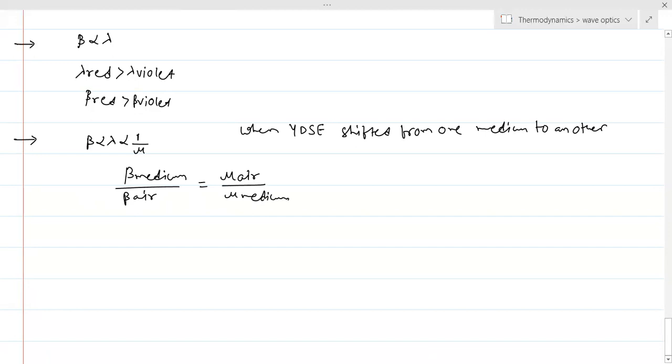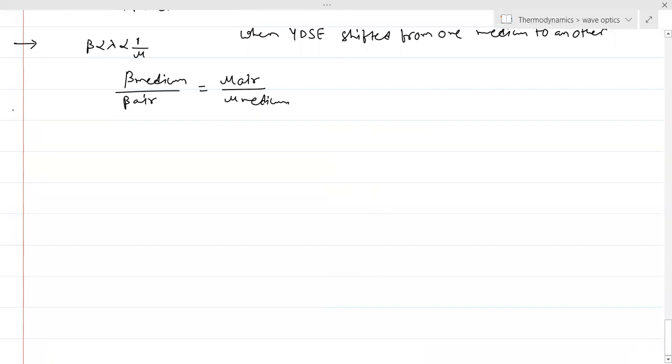We will use that. Also, in a similar case, we talk about angular fringe width. Angular fringe width means the angle made by any particular fringe at the source.